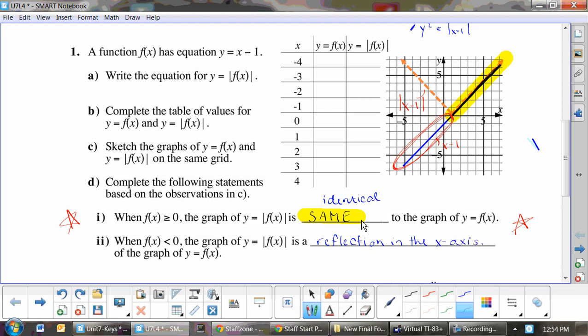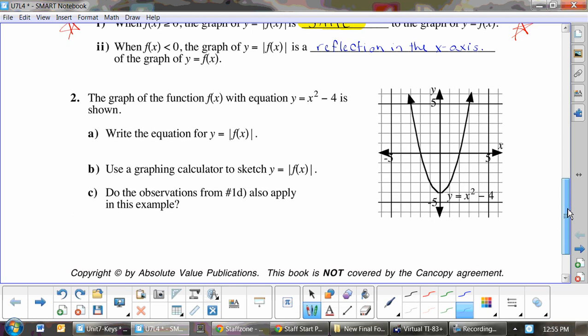So if you think back all the way to our quadratics unit, how do we show a reflection in the x-axis with our equations? Awesome. A negative, right? So that's why all of our negative values become positive, because it's like taking the negative of negative, right?